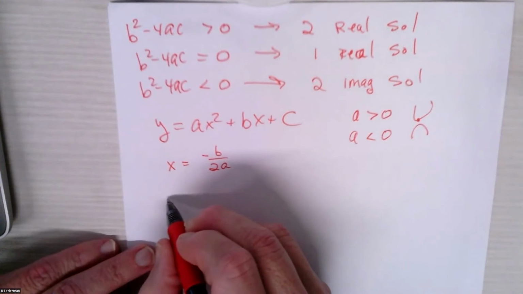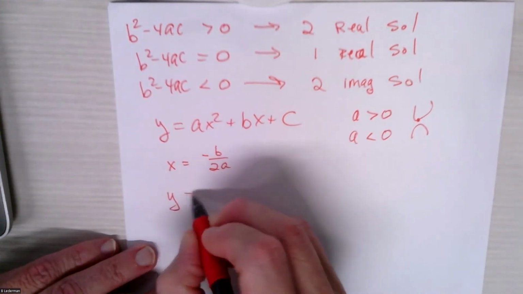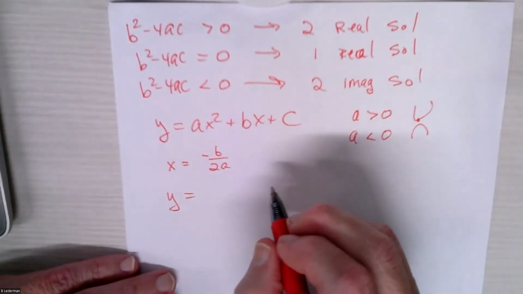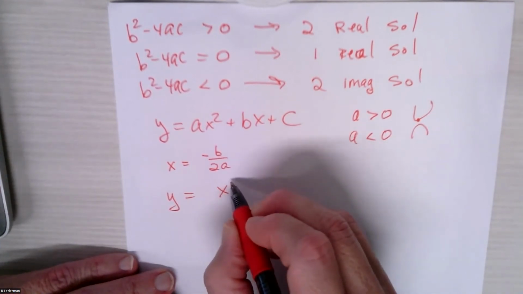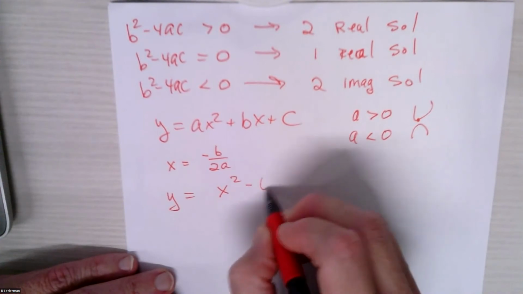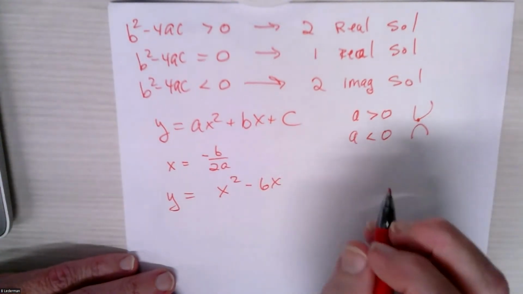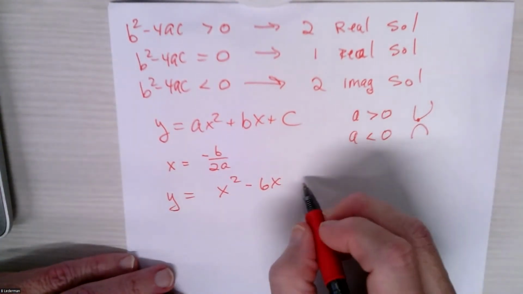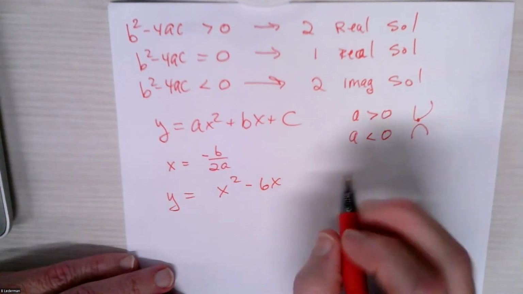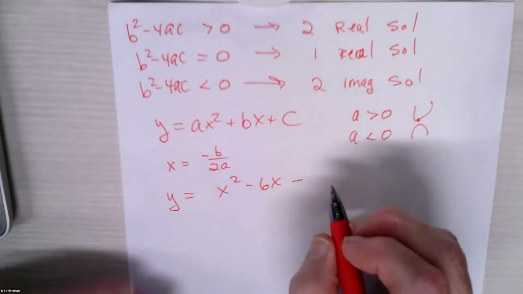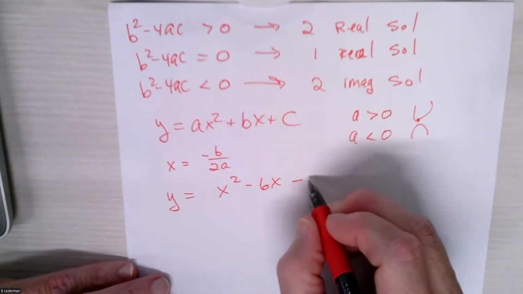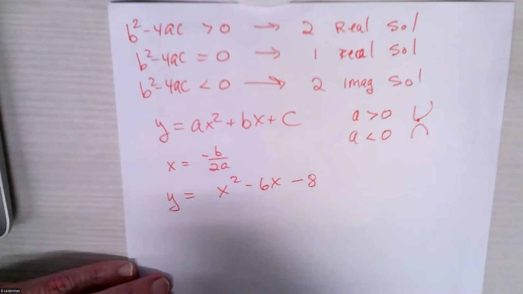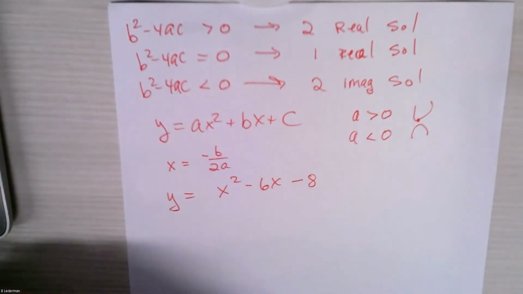So let's do an example here. Suppose we have y equals x squared minus 6x minus 16. So what is the vertex?